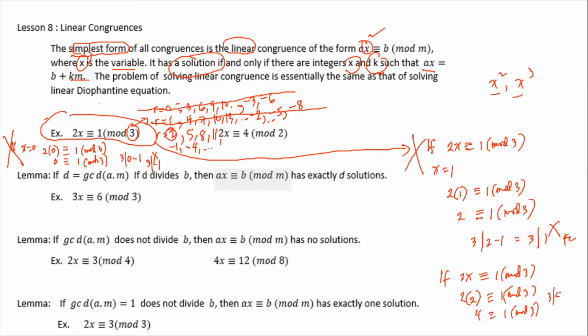Will 3 divide 4 minus 1? 3 divides 3. This is true. Right? So this is the answer. Therefore, for this example, the value of x is equal to 2, 5, 8, 11, and so on. You can also have negative 1, negative 4, and so on.